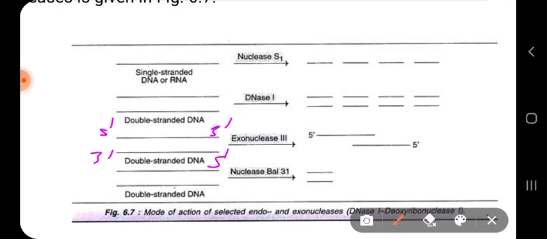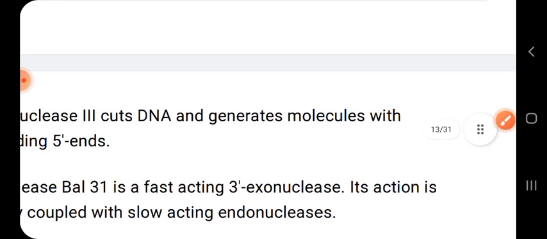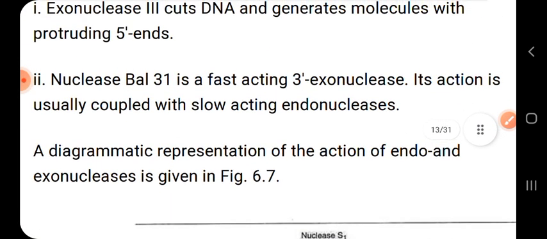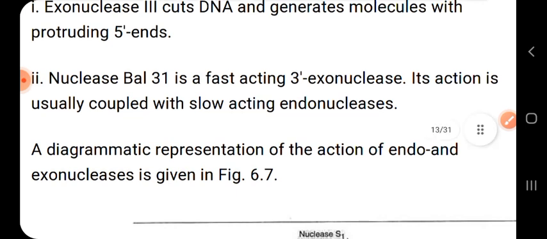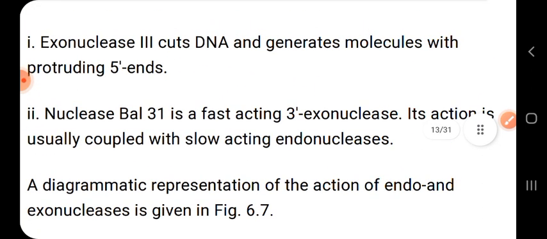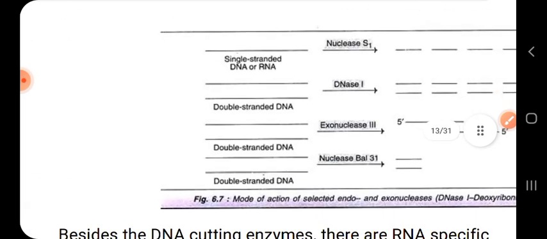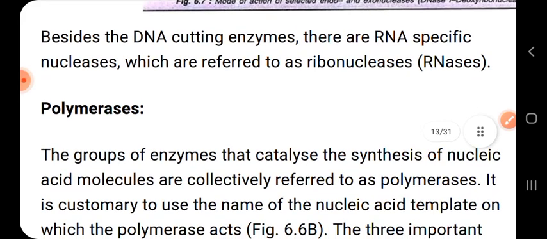You see that they produce 5 prime protruding ends. On this side they have cut, and on this side they have cut, producing this type of 5 prime protruding ends. Whereas nuclease BAL31 is a fast acting 3 prime exonuclease. That means it makes 3 prime protruding ends, and its action is coupled with a slow acting endonuclease.